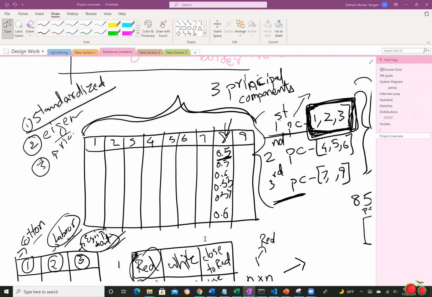Now, what will happen is when you apply PCA to that data set, it discovers that this variable is not being affected by anyone and it's not affecting anything. So it has no variation. Whatever value this might take, my target won't change, because there is no variation for that particular column.